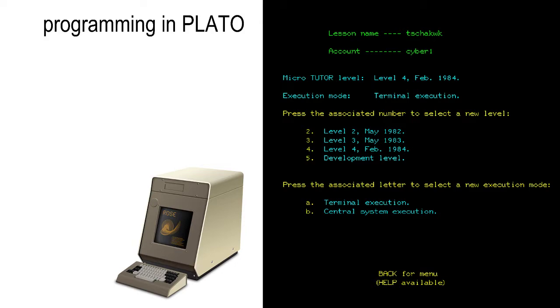And finally here, this is only really of use if you have code that you want to run locally on a machine that's running MicroTutor. There aren't very many implementations of MicroTutor available here, but suffice it to say, it was a variant of Tutor that allowed you to run parts of or all of a given lesson directly local to the terminal itself.